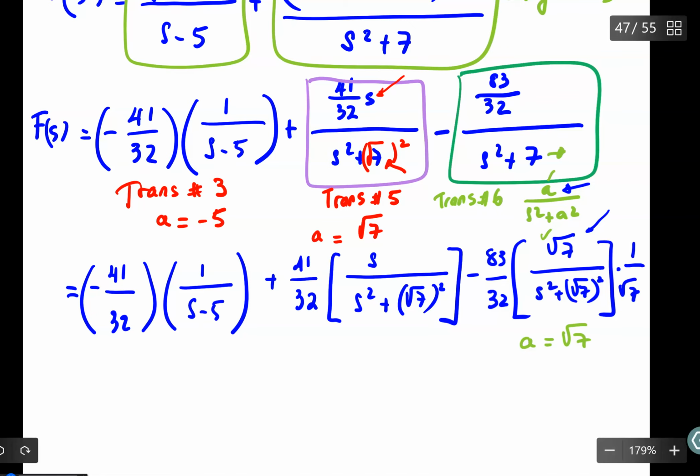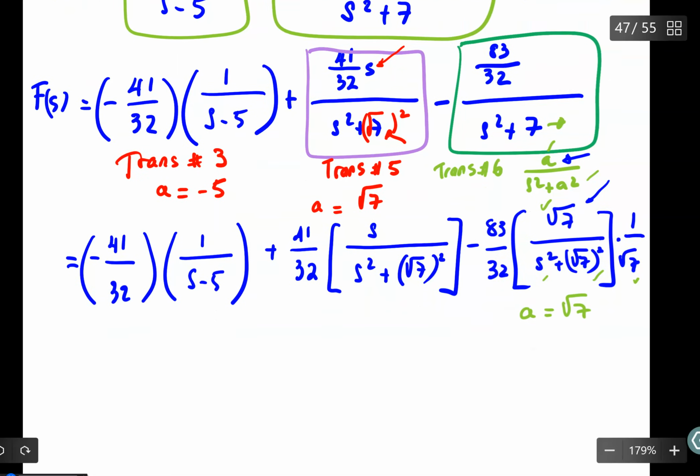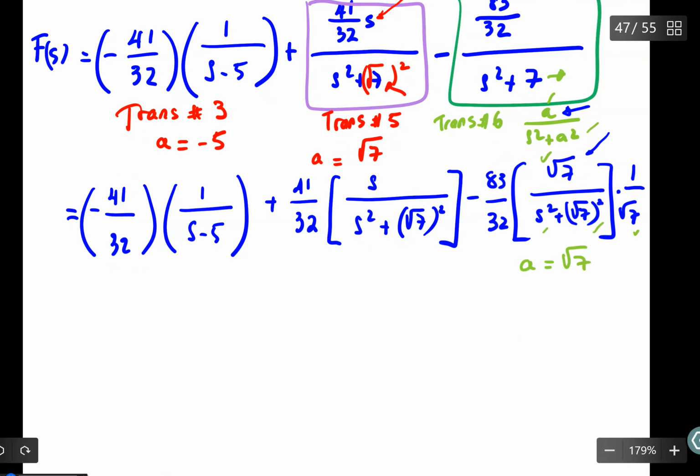So here I have root 7, a squared, root 7 squared, I have s squared, and multiplied by root 7, I have to divide it by root 7. And I pull 83 over 32 outside the brackets. So we are almost at what we need to write the Laplace inverse of F(s).